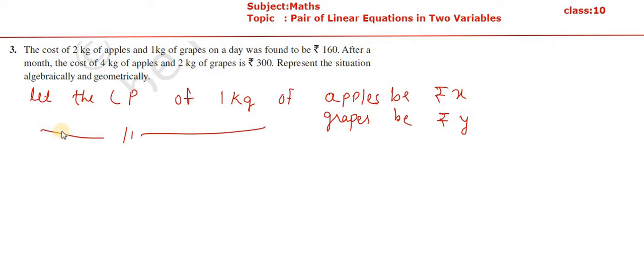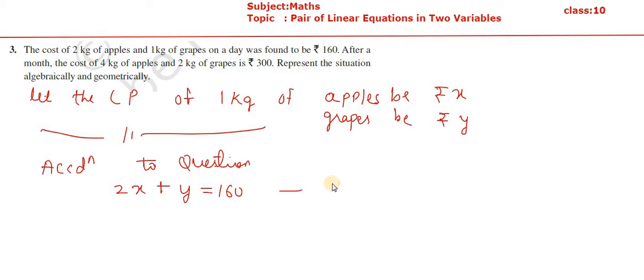So now according to the question, 2 kgs of apple, that is 1 kg is x, therefore 2 kgs of apple is 2x, plus 1 kg of grape, so that is 1y, or we can write simply y, which is equal to 60.